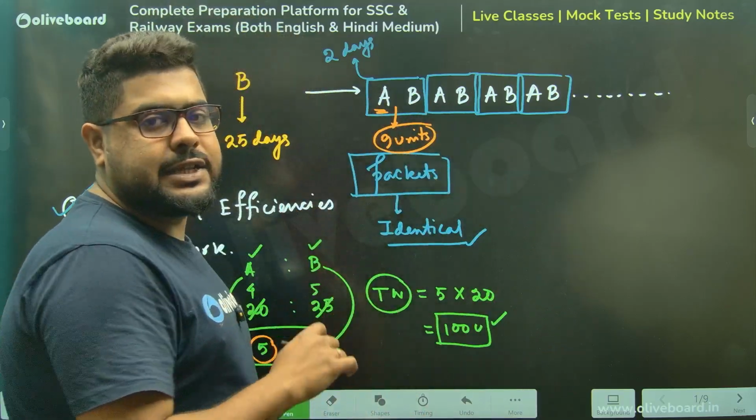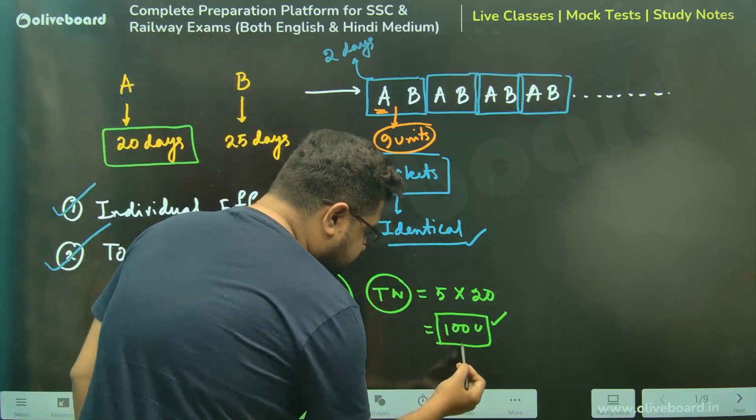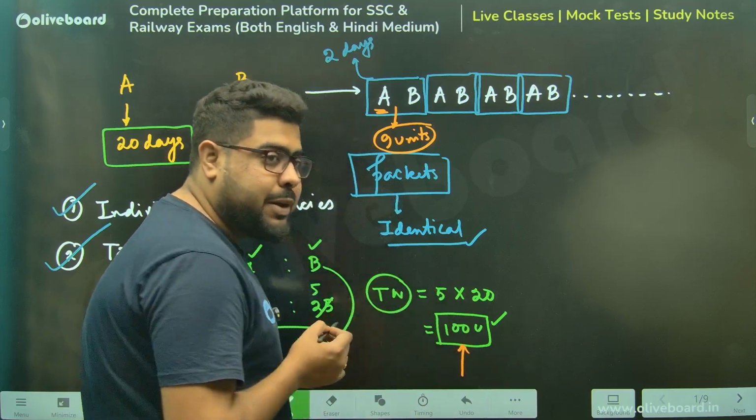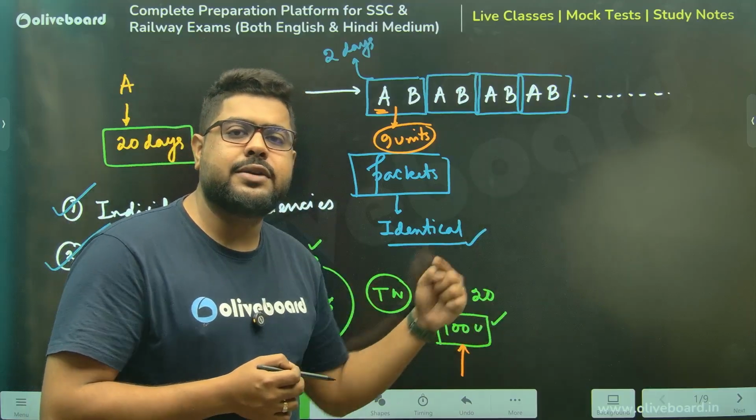Now you need to understand how many packets you need. What is the condition there? How many packets should I take so that I get very close to my total work, but just less than that? I cannot go beyond 100 units.